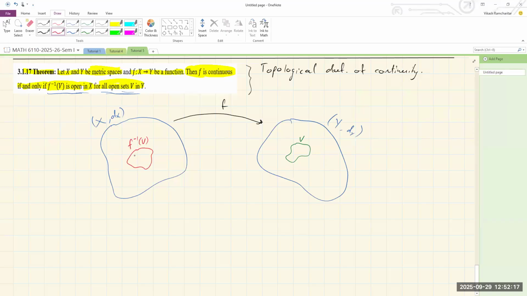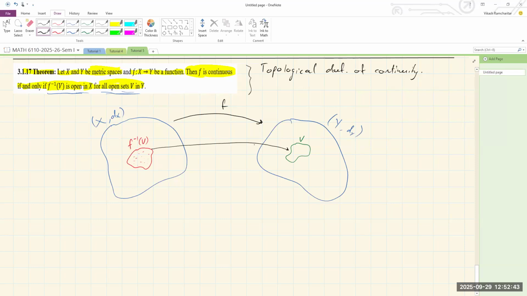Again, this does not mean the function is invertible. This means the pre-image of it. The pre-image of a set are just all the elements in the domain that get mapped to V.